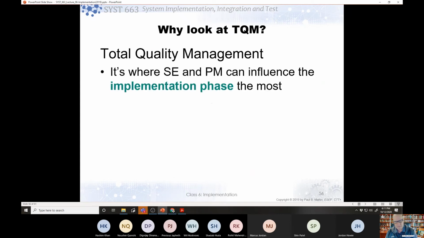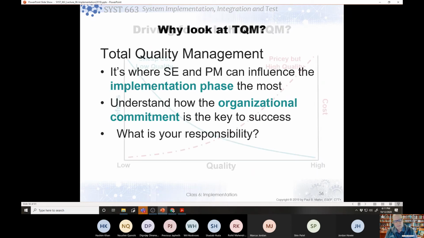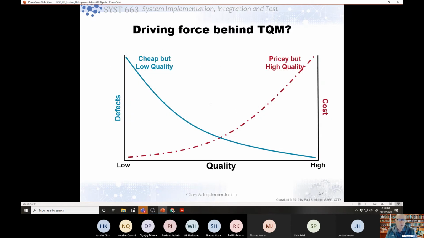And of course, this is where quality can really help work within the implementation phase. And of course, it can only really work if the organization has that commitment to bring quality into play and into focus as you're working this.